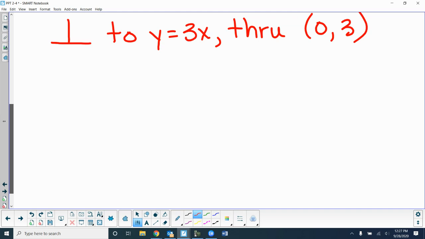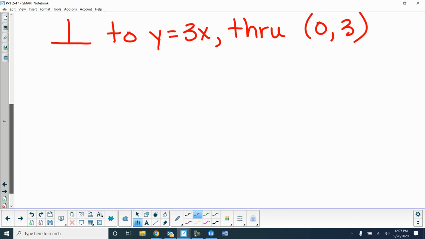Yeah, perpendicular, not parallel, right? On the same place, yeah. Correct.